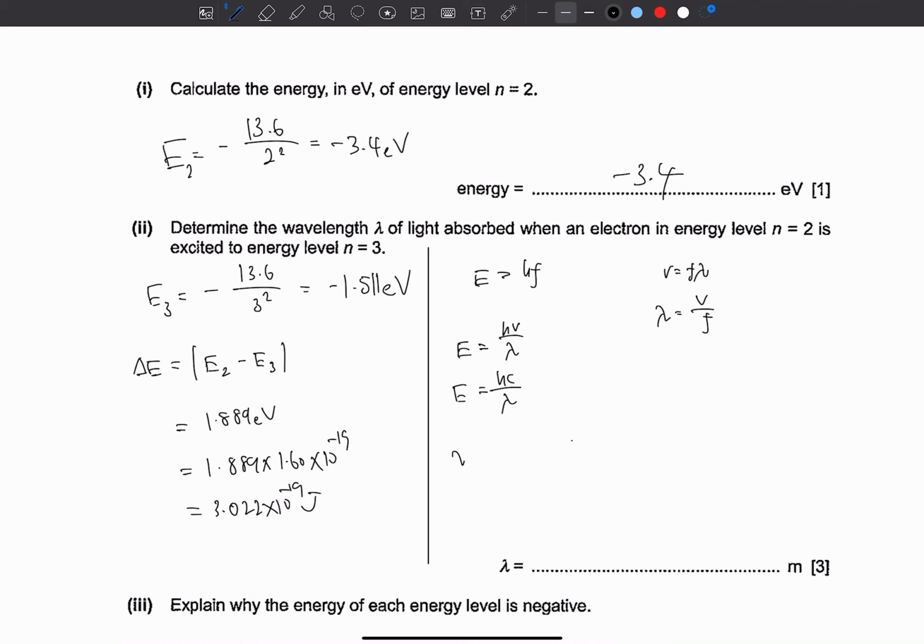So by rearranging the formula, we get lambda equals hc over E, where h is Planck's constant, c is the speed of light, divided by energy. Then you will arrive at the wavelength of 6.58 times 10 to the power of minus 7 meters.